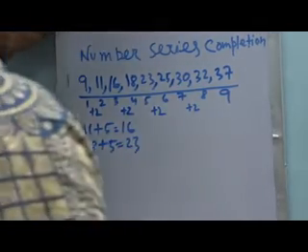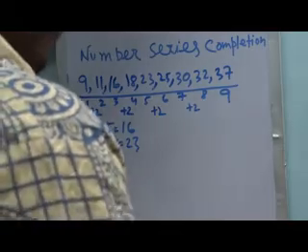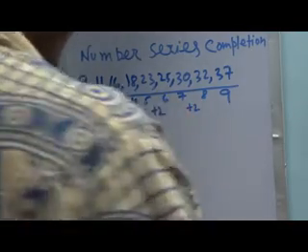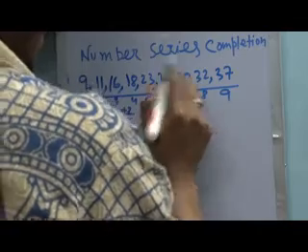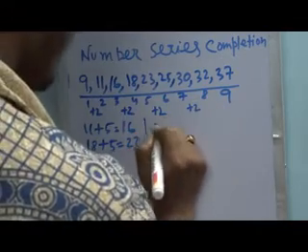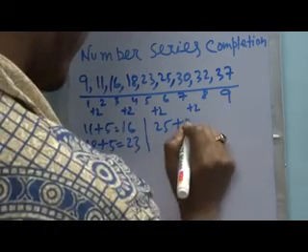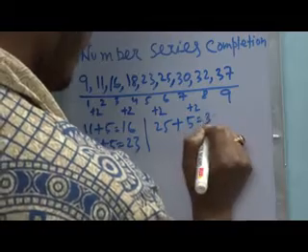Now between position 6th and 7th, what do we get? 25 plus 5 equal to 30.